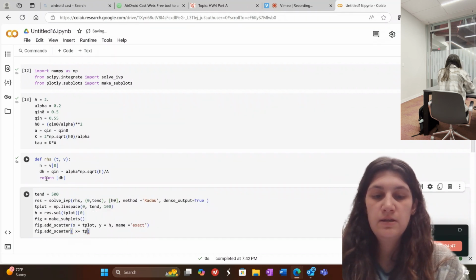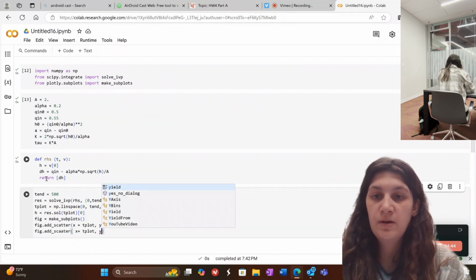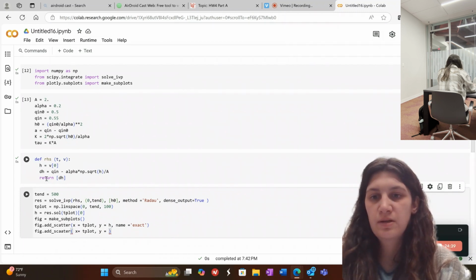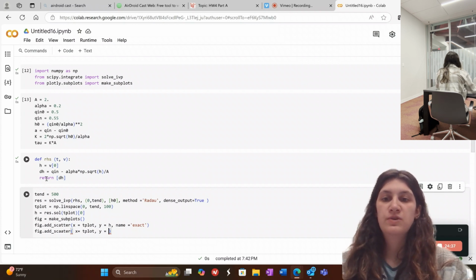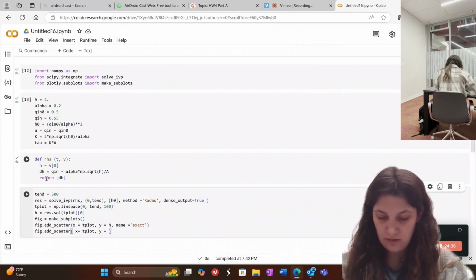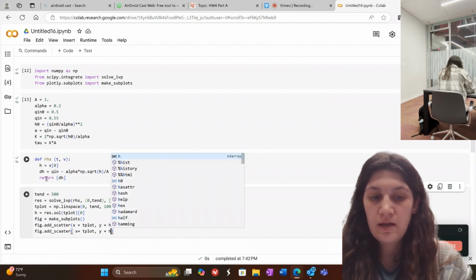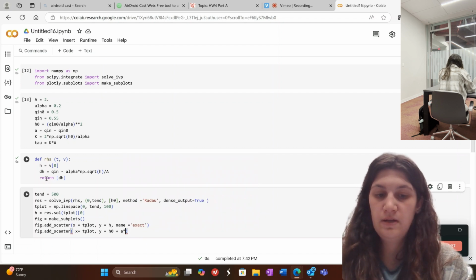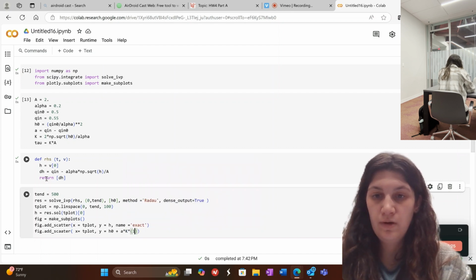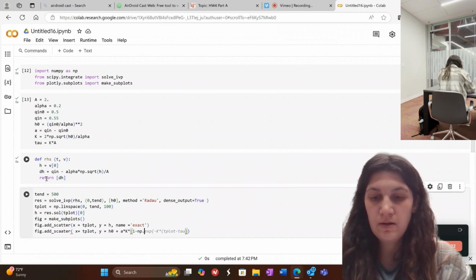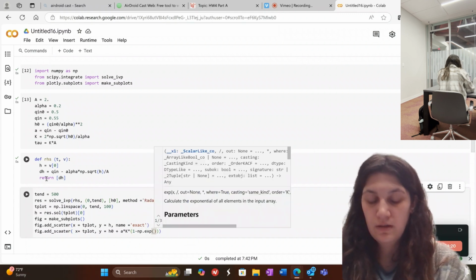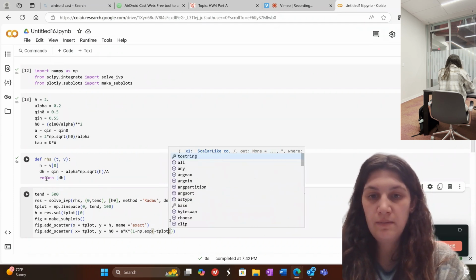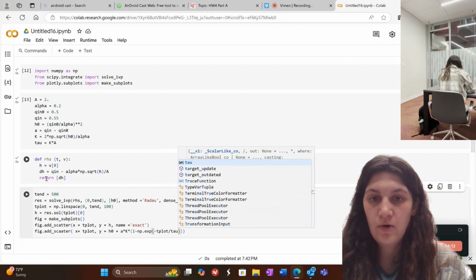X again is going to be tplot, but y this time is going to be that equation that we just wrote out from the inverse Laplace. Here it was h naught plus A times K times 1 minus np.exp of negative tplot divided by tau.